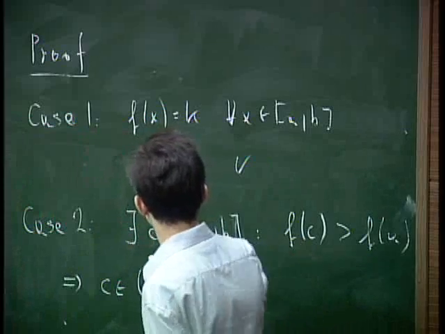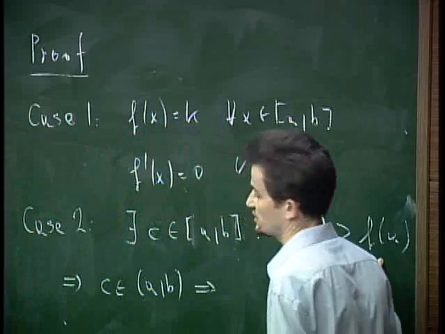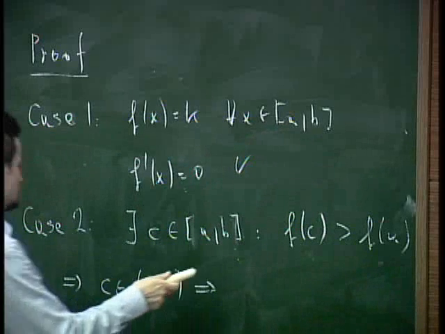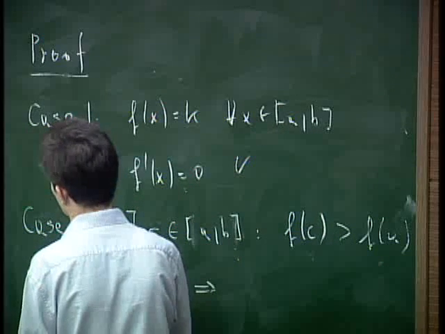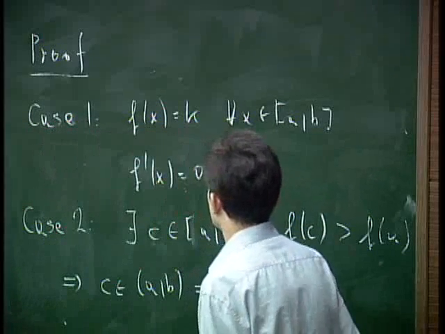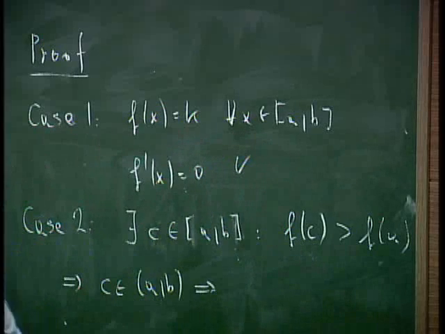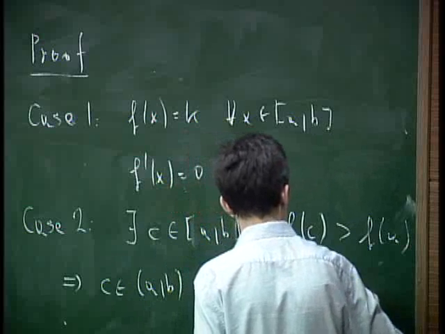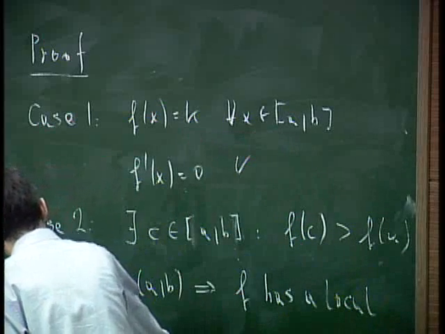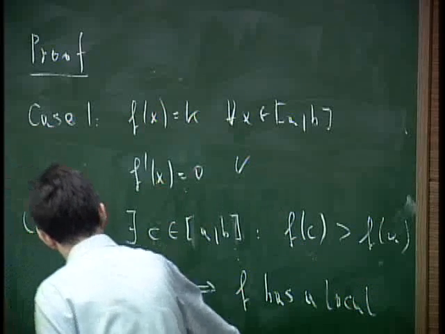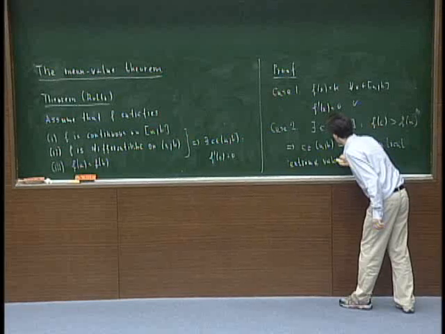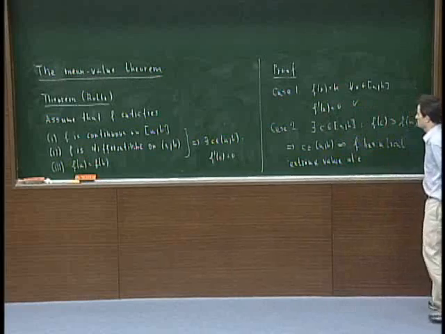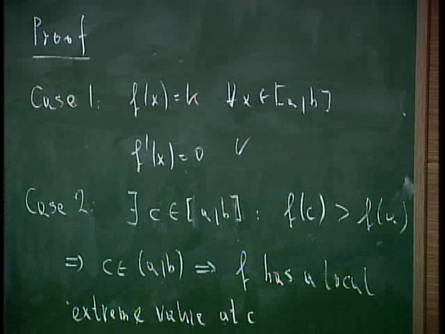So you choose the largest value on AB, and the largest value must be larger than f of A. Now, since you know that C is in AB, this means that the function has a local extremum at C. But the function is differentiable everywhere.